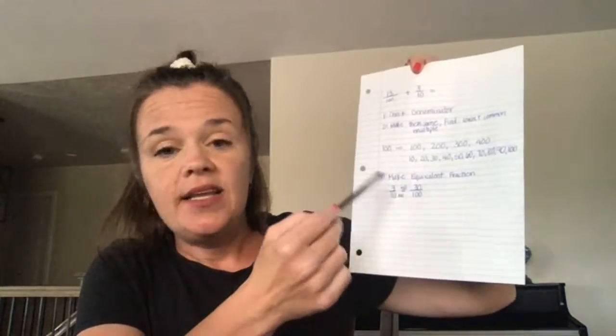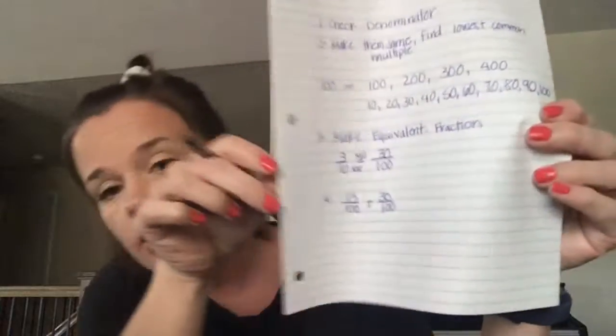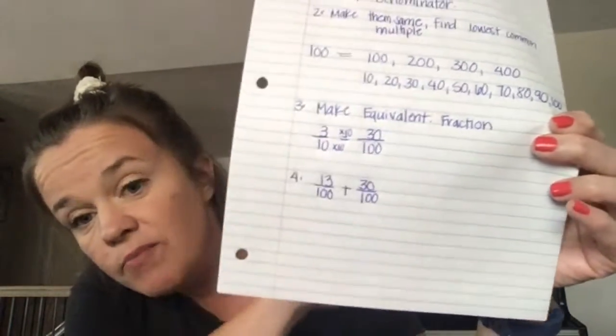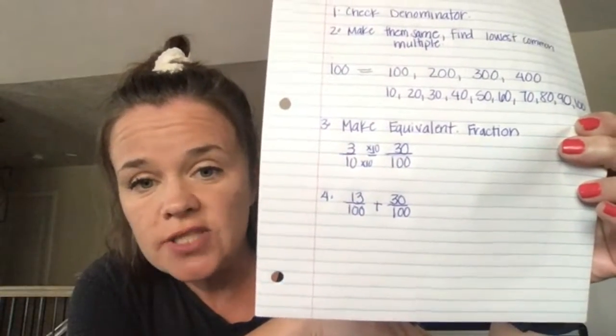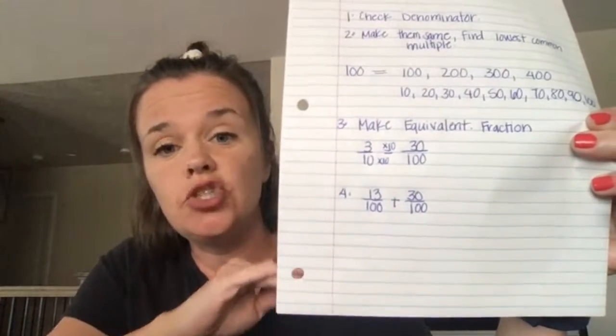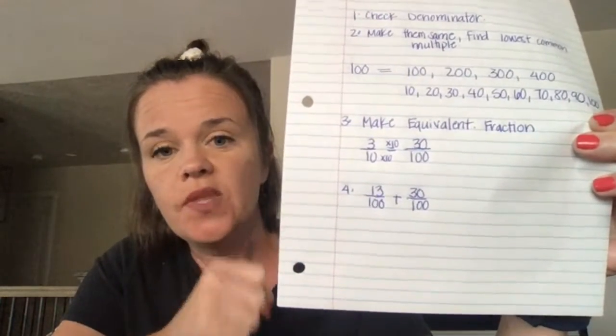So we did that. Now, step 4, this is the fun part, okay? Step 4 is that I am going to just write the problem out and add it, okay? With the denominators being equal, all that good stuff. So my problem is now going to look just like this, okay? So remember, when you were adding fractions that had the same denominator, you just added the top number and you didn't do anything to the denominator, right? It's the same thing.